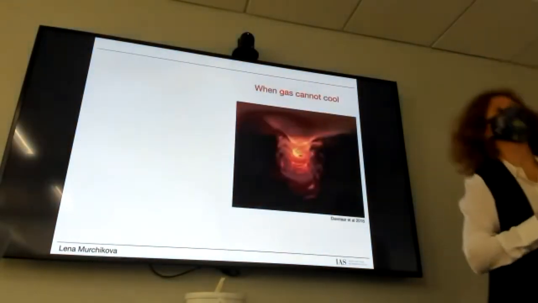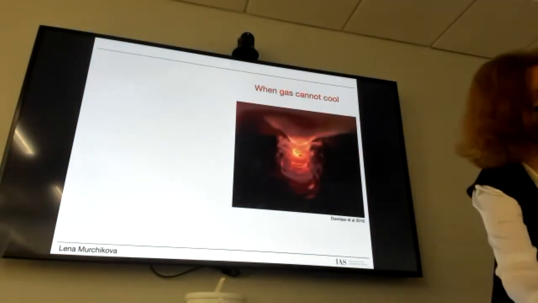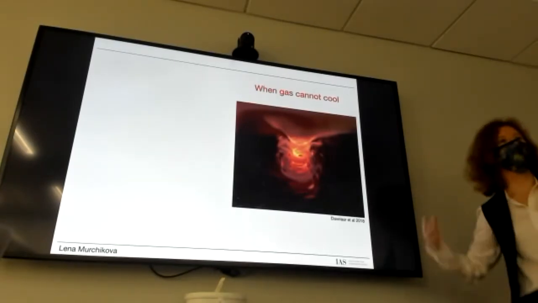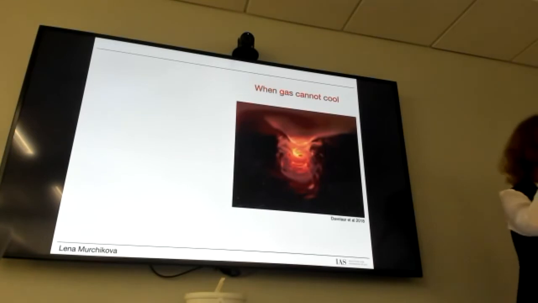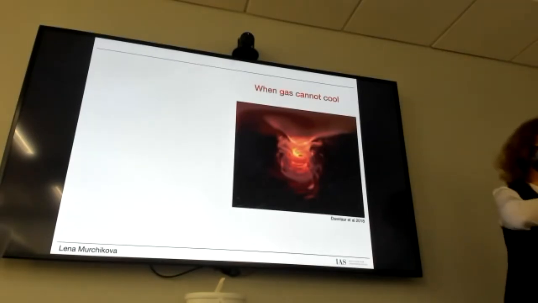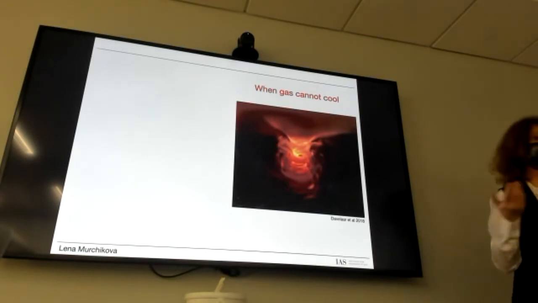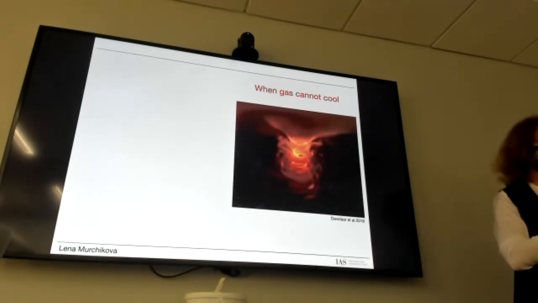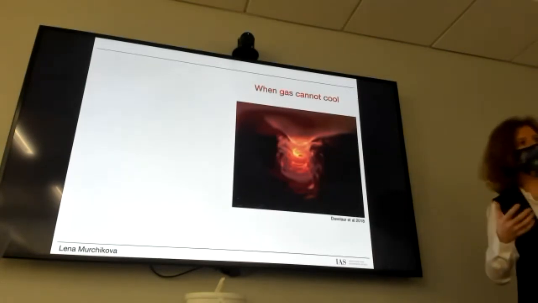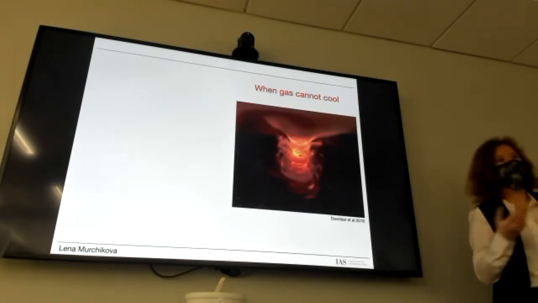But what would happen if the gas cannot efficiently cool? In this case, your parcels of gas again interact, they fall, lose orbital momentum, fall close to the black hole, and they're heating up. But if there is no abundance of material around, they would like to interact and get rid of this excessive temperature, but your electrons, which are primarily responsible for radiation because they are light particles, and your protons, which are heavy particles and get most of the thermal energy from the potential well, just don't meet each other very often.